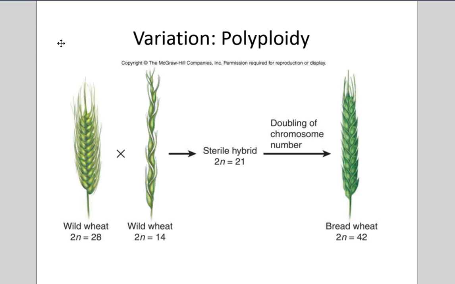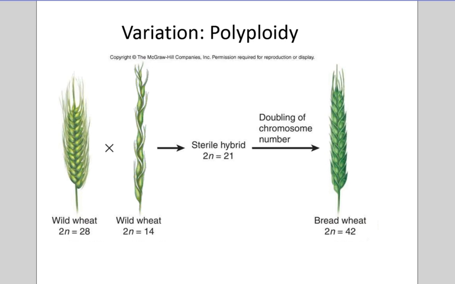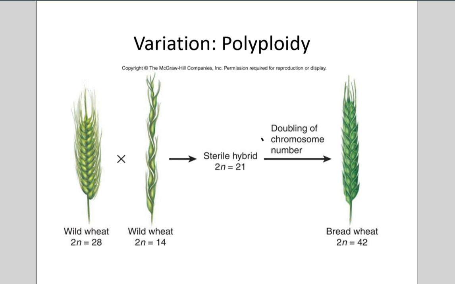Here you see two versions of wild wheat. Normally each one would produce a haploid cell of 14 and a haploid cell of 20, and you see the resultant hybrid here, with 21, 14, and 7.